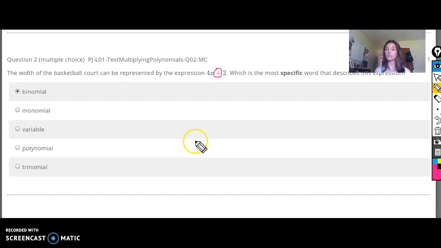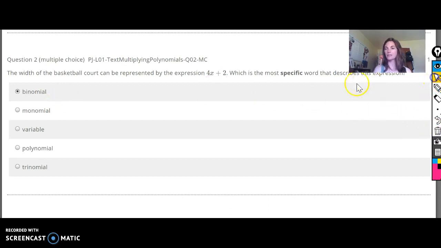So if something is being multiplied or divided, that is part of the same term. But if there is an addition or subtraction symbol, the plus or minus, you know you've got more than one term. So this 4x is a term and the 2 is an integer term. Both the 4x and the 2 are monomials, but together they make a binomial. So for this one, binomial is our answer.